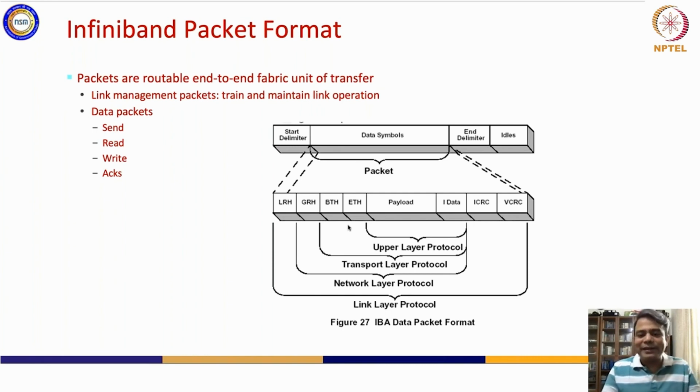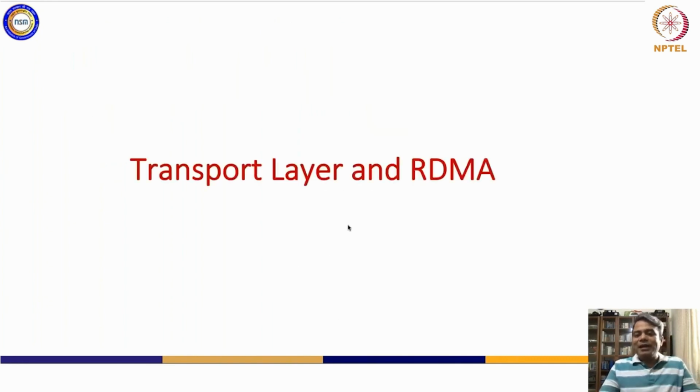So we covered the physical layer, link layer, and networking layer. Let's go into the transport side. Transport layer is the entity which defines, for a high performance computing cluster, so for normal Ethernet, there is a sockets interface.